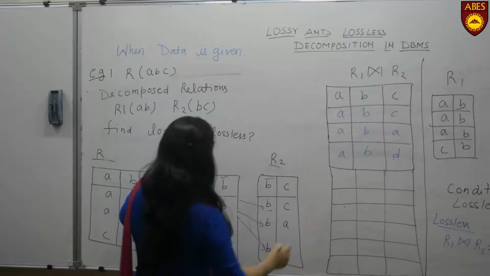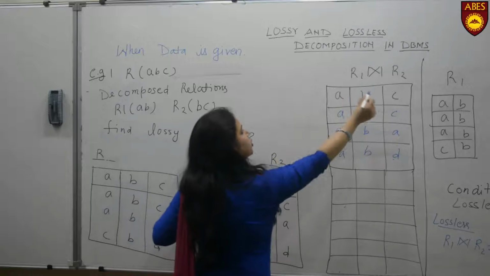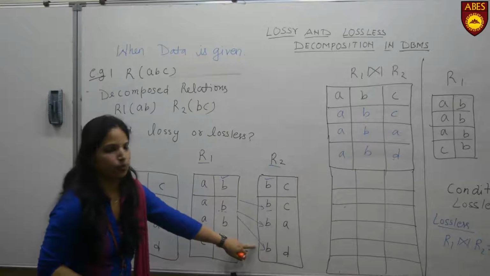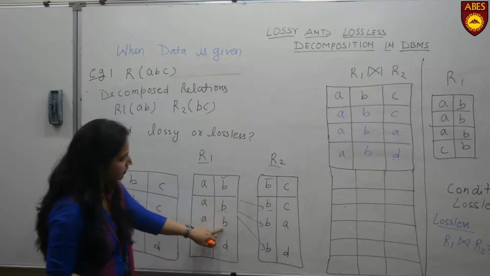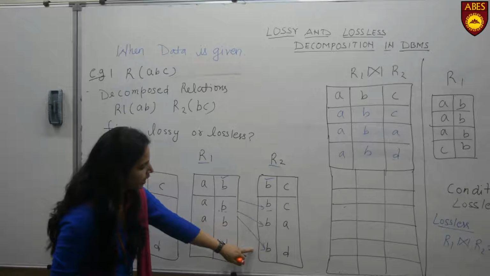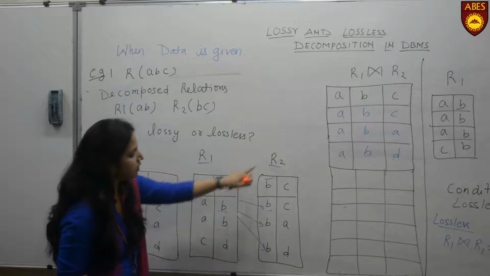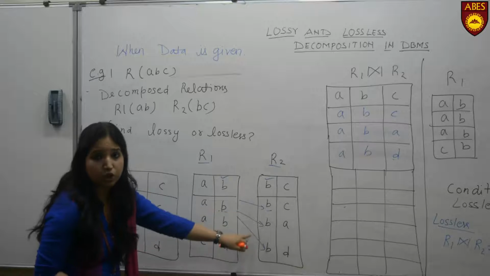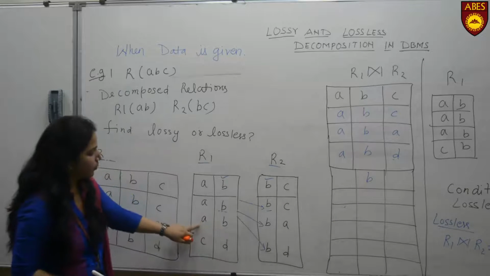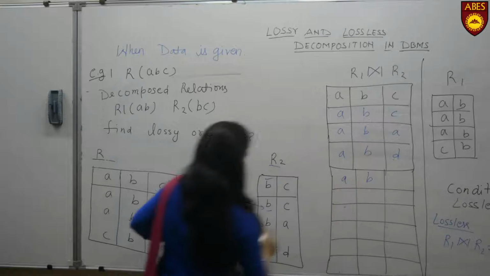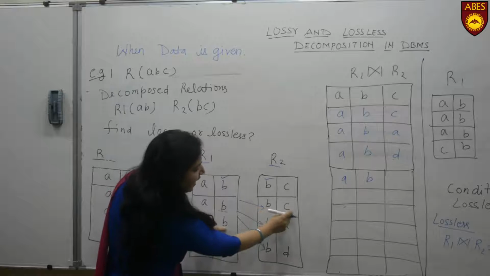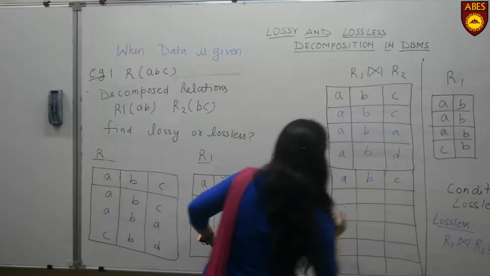So in this case we find R1 natural join R2 of the first row of R1 with all the rows of R2. Next, this B will be compared with the first row of R2, the second row of R2, and the third row of R2, and this B matches all these rows of R2. So we will put B here, and the corresponding entries will be written down here. When we compare this B with this B, we will have C for the third column.